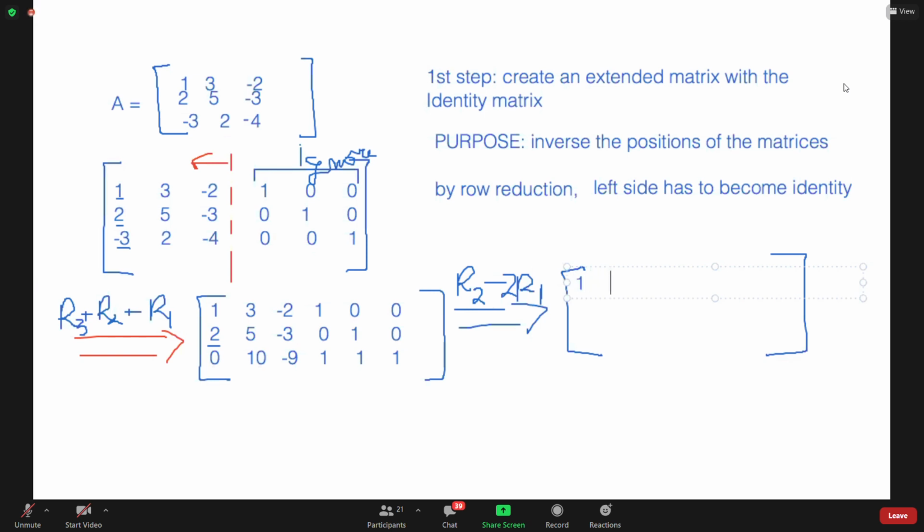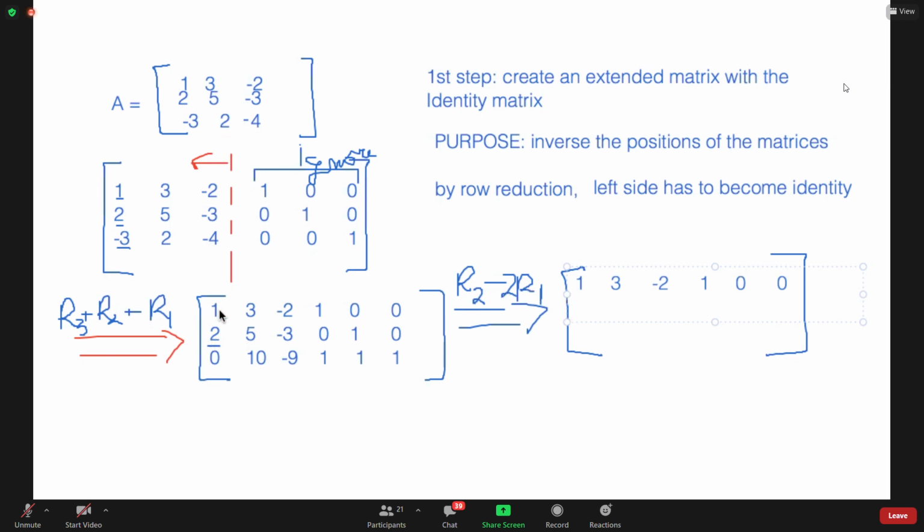So 1, 3, -2, 1, 0, 0. This is my first line, which again is unchanged. Now my second line will have changed as row 2 minus 2 times row 1.